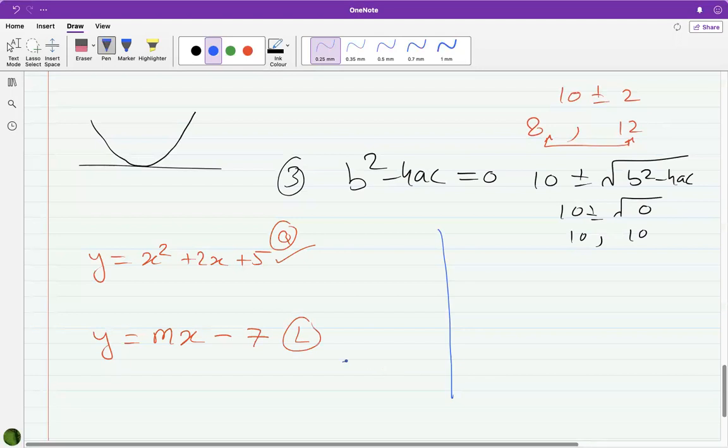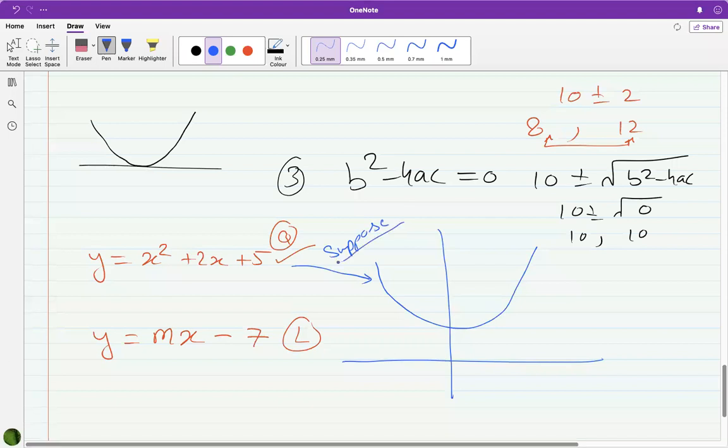Consider this sketch. If I say that the curve will look like this, then may I say that the line has a y-intercept of -7 and gradient m which is unknown. So I'm assuming that -7 lies here, and whatever the gradient will be, it will be a straight line.